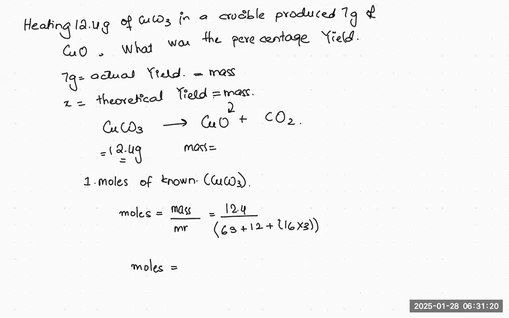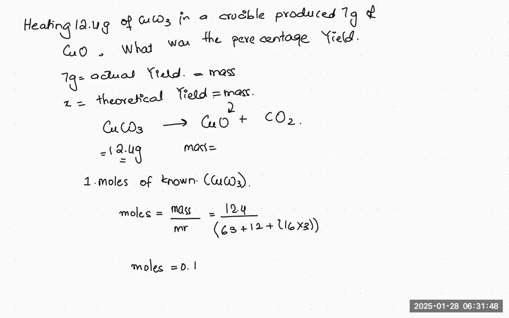That's a very huge value for moles. I just did it in the calculator. Yeah, maybe. 63 plus 12 plus 16 into 3 gives us 123. 12.4 divided by 123 is 0.1. You get 0.1 moles.